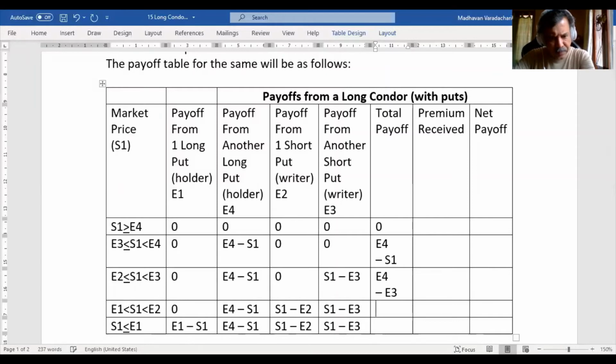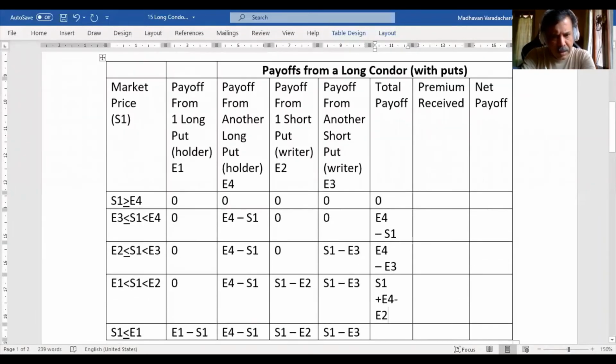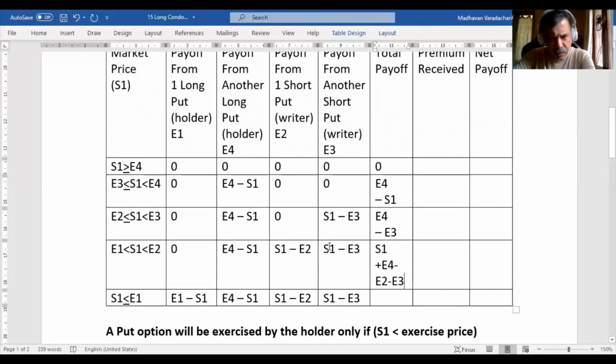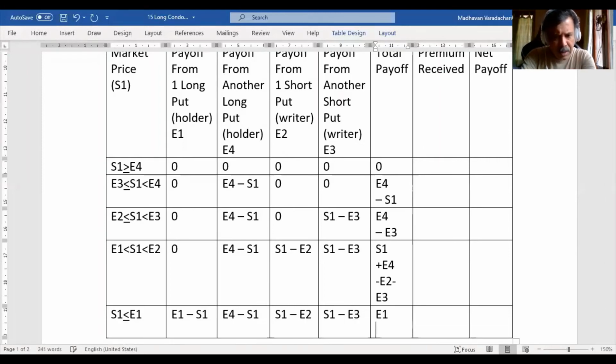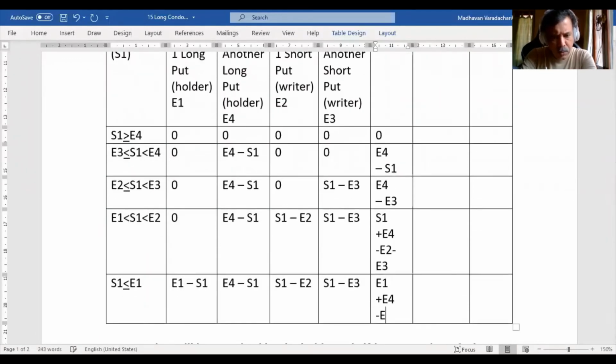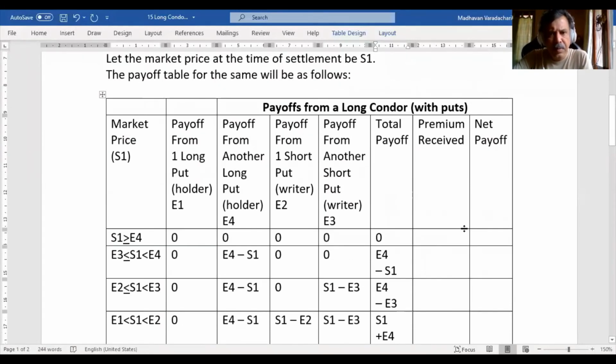One S1 is there, and then plus E4, and then minus E2, then minus E3. S1 gets cancelled. One S1 is there. E4 minus E2 minus E3. Then next one, the minus S1 and plus S1 get cancelled. So here you will have E1 plus E4, then minus E2, then minus E3. That will be your total payoff.